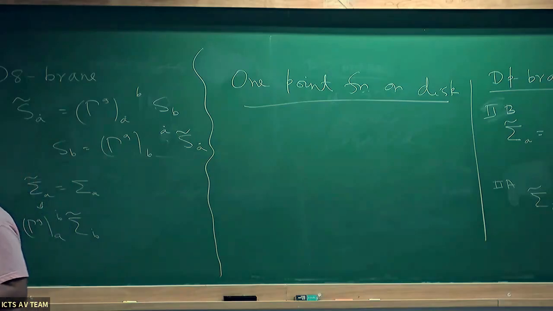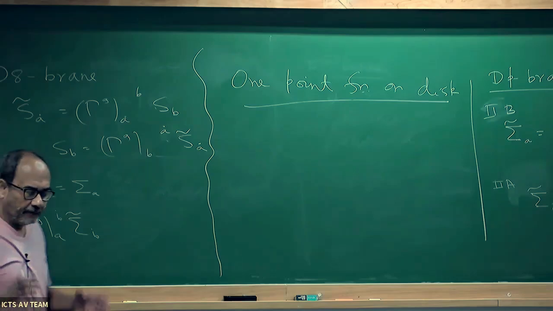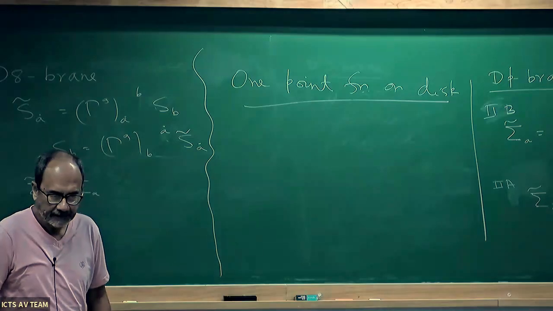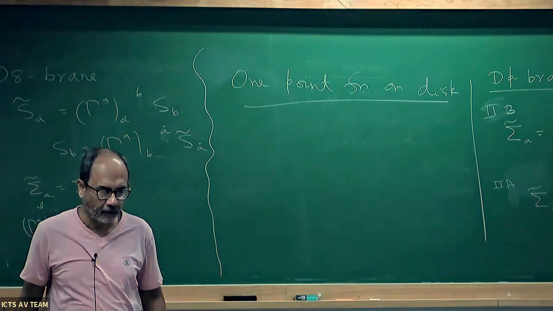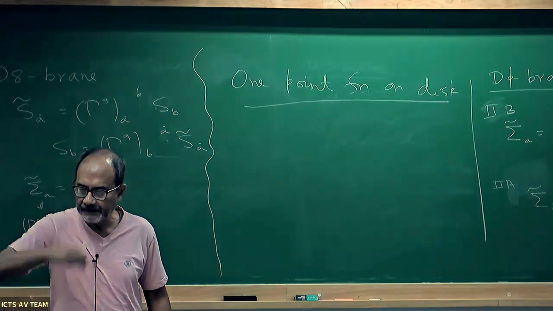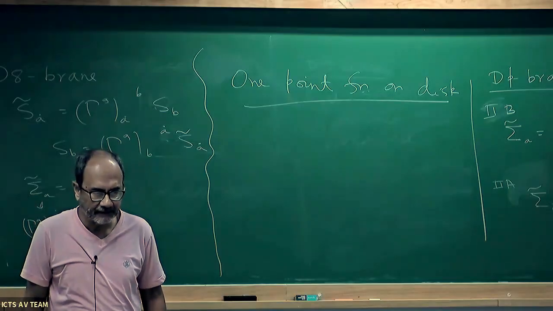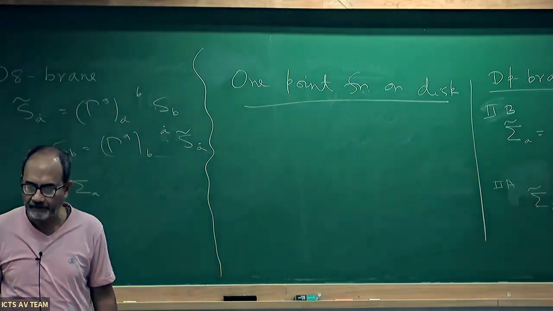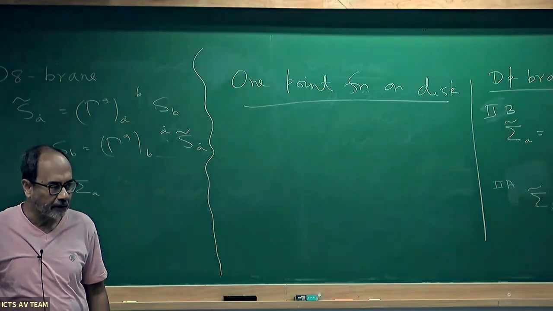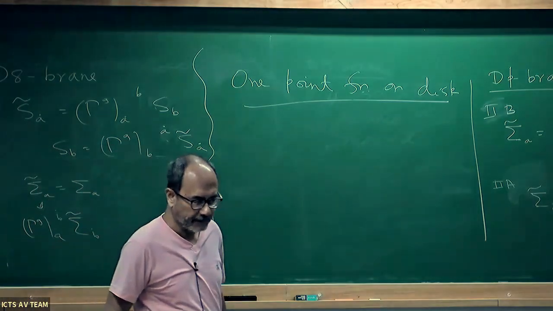The leading contribution to any amplitude comes from the sphere amplitude, which will give you g_s to the minus 2. But first of all, that of course is supposed to vanish, because of the conformal invariance. You don't fix the SL(2,C) conformal invariance on the sphere, so when you divide by the volume of the group, it just becomes 0.